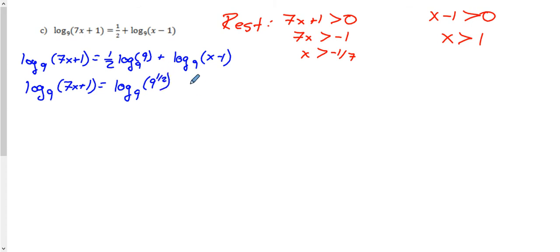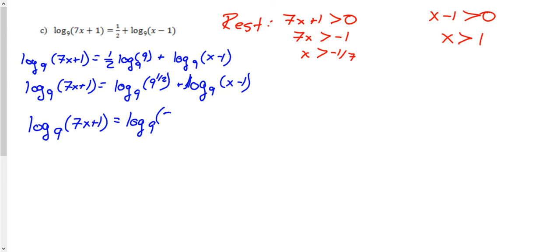I can evaluate 9 to the 1/2, plus log base 9 of x minus 1. From here, evaluating this, what's 9 to the exponent 1/2? That's the same thing as saying square root of 9. So this is now log base 9 of 7x plus 1 equals log base 9, and I hope that you got it, of 3.